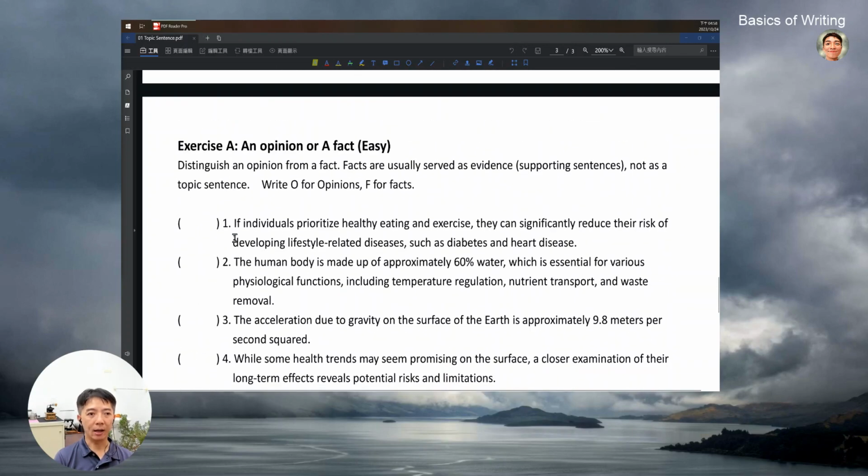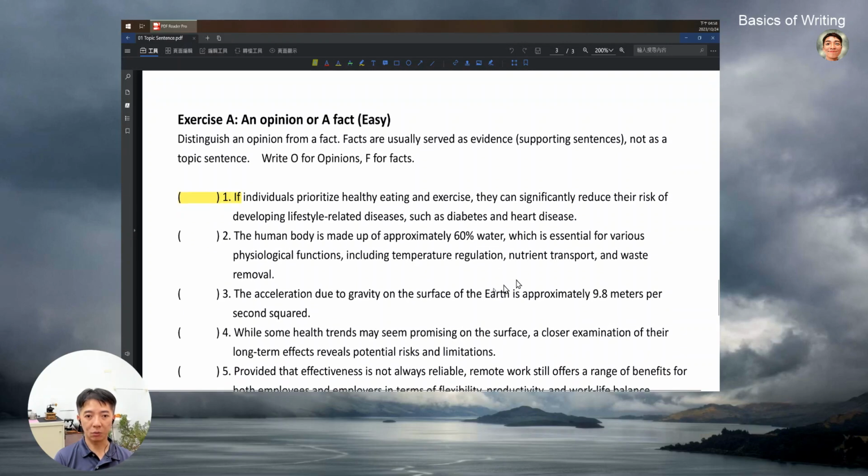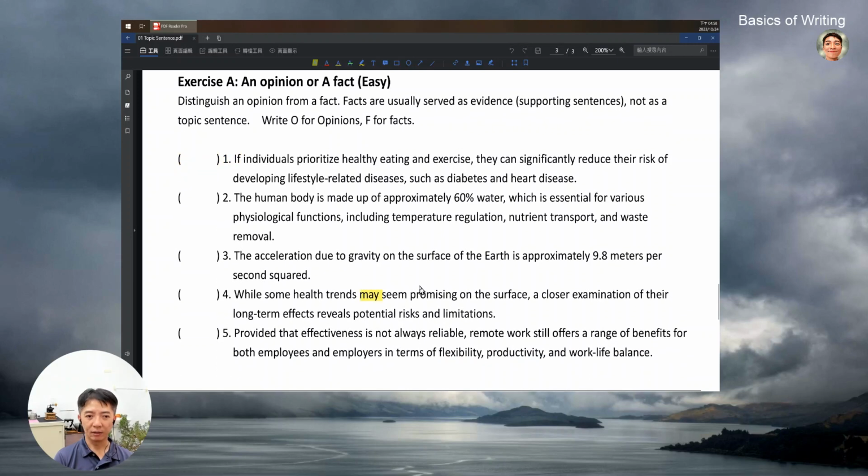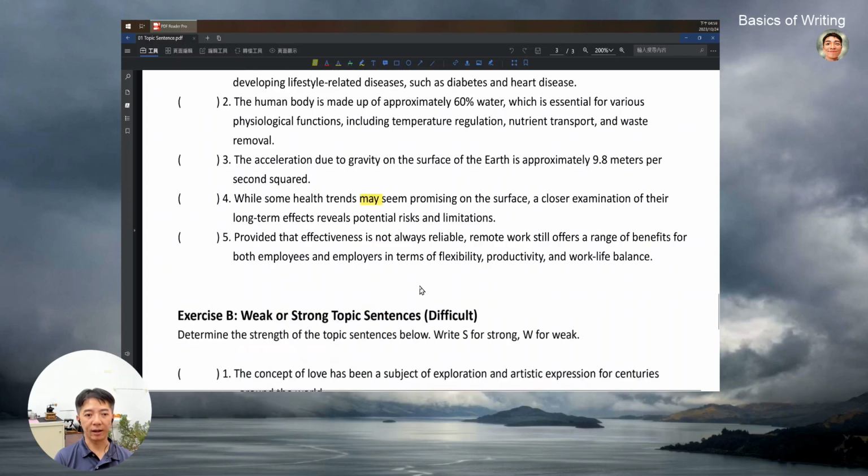And on your handout, you have some exercises. Two exercises actually. One is to distinguish an opinion from a fact. Try to pay attention to some keywords like if, or words like may. This is a very good way to write a topic sentence, but try to distinguish whether the statement is an opinion or a fact.